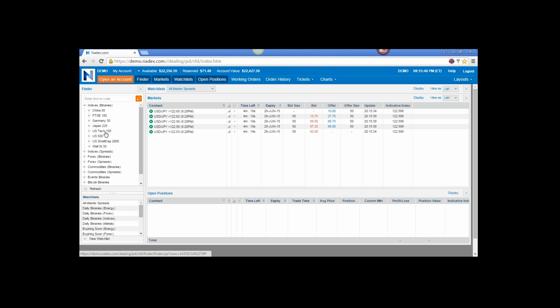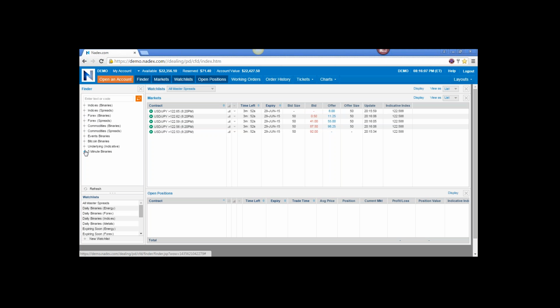You still have binaries on the FTSE and the DAX going until 4 o'clock in the afternoon. You have all 10 FX pairs with hourly expirations, and you still have your 5-minute binaries. So during the day, there are just more options to choose from.